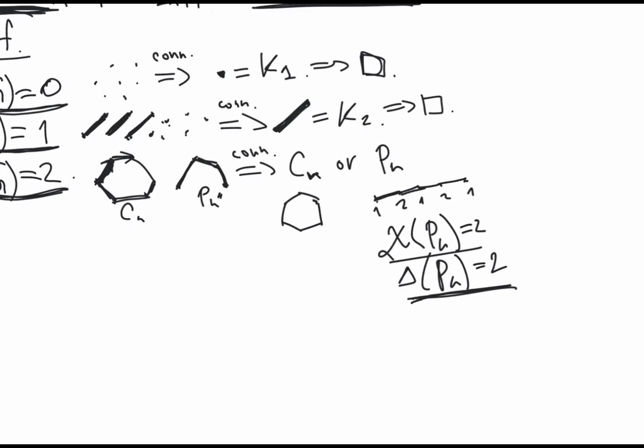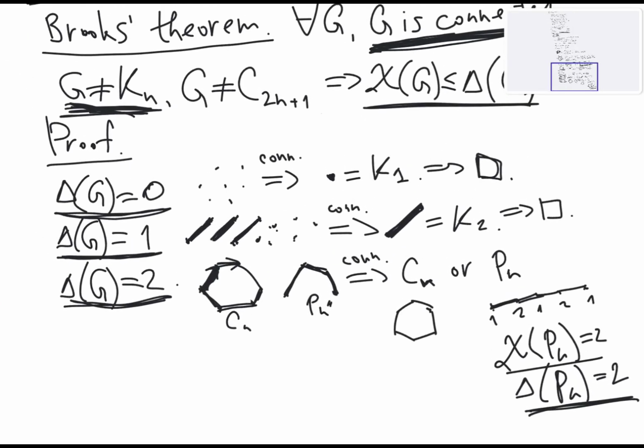And for a cycle, again, if it's an odd cycle, then we don't need to prove anything, because the odd cycle is an exception.